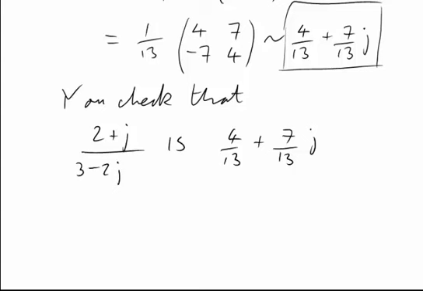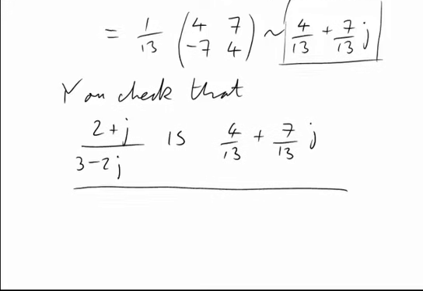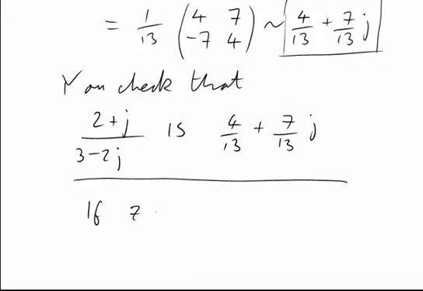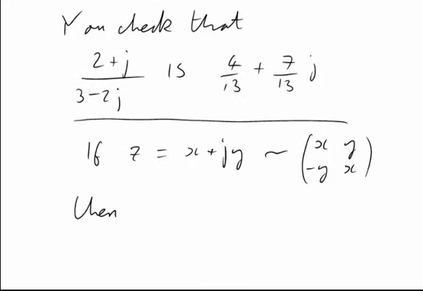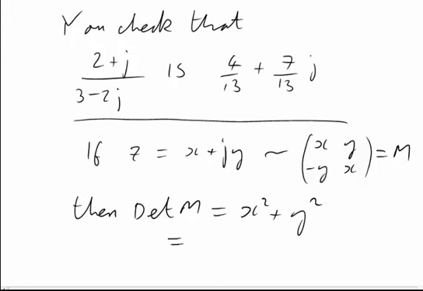In doing some of this arithmetic, we should have noticed something else that's quite interesting. That if z equals x plus jy is represented by the matrix x, y, minus y, x, then if we call that matrix M, we have det M is x squared plus y squared, and that is the same as the modulus of z squared.